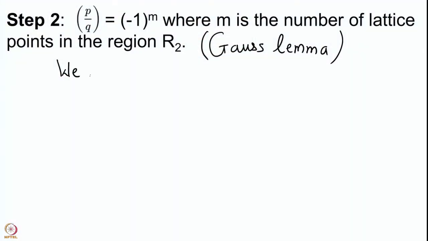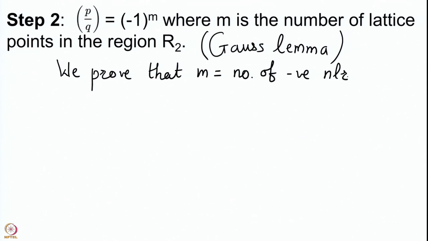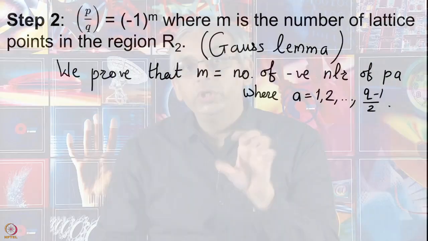So, we prove that m is equal to the number of negative numerically least residues of pa, where a goes from 1 up to (q-1)/2, because remember we are taking the quadratic residue symbol modulo q and it is taken for the element p.